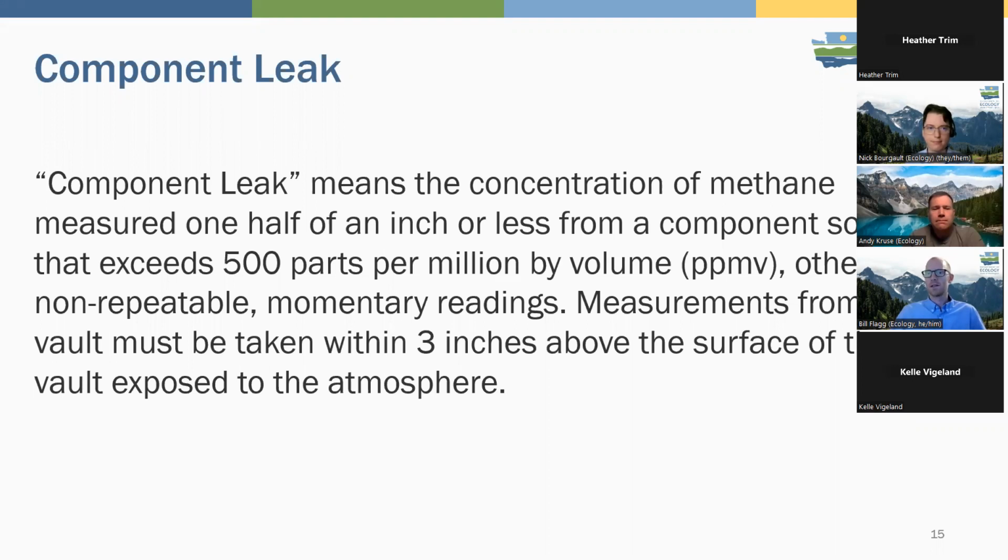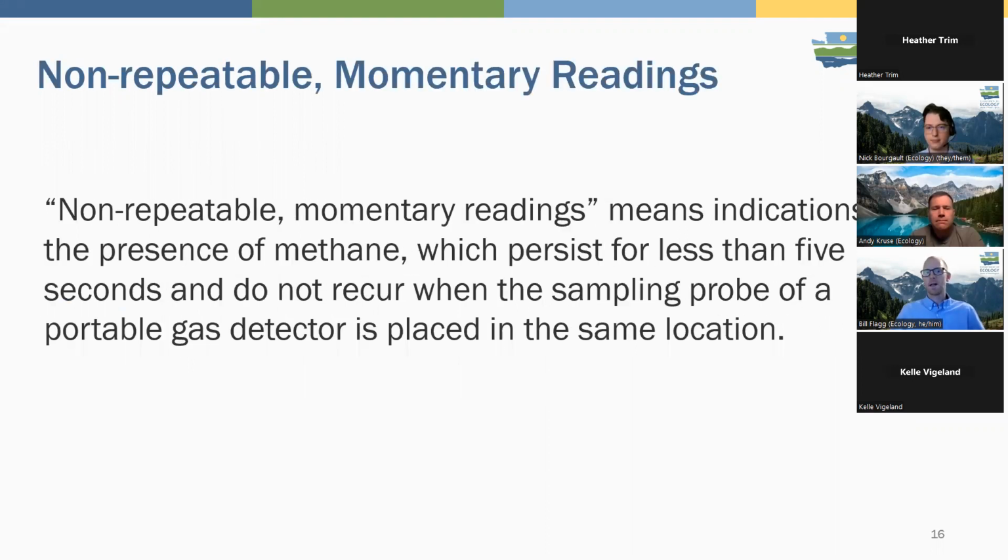Okay, on to the next definition here. In the last definition, component leak, there was an exemption, so to speak, for non-repeatable momentary readings. So we wanted to further define this term as well. And this is how we're defining it.